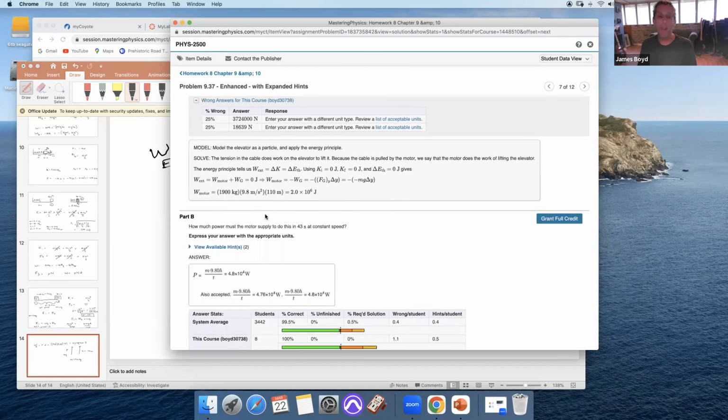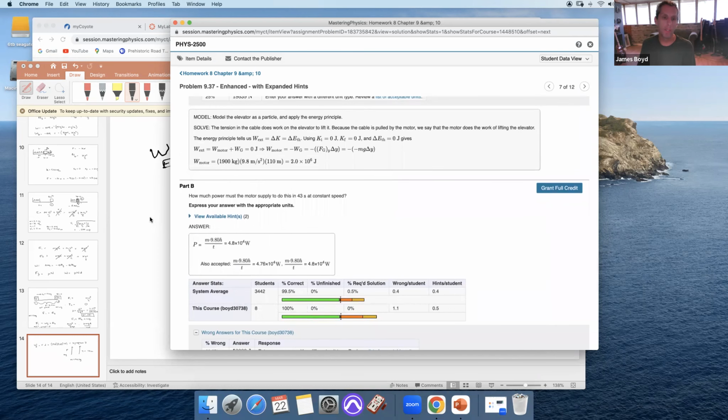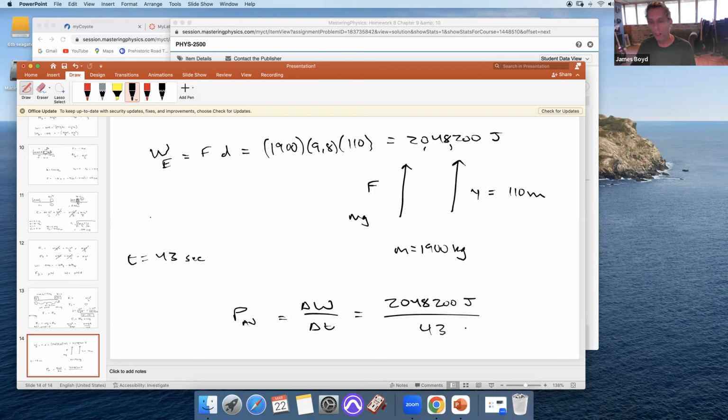How much power must be supplied if it needs to do this in 43 seconds? So in a time of 43 seconds. Power, or at least average power, is work change over time change. The work change was 2,048,200 joules. The time change was 43 seconds. Power is pretty easy to understand.